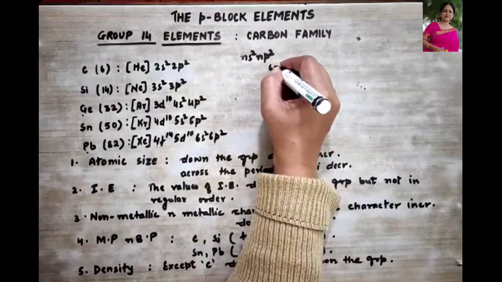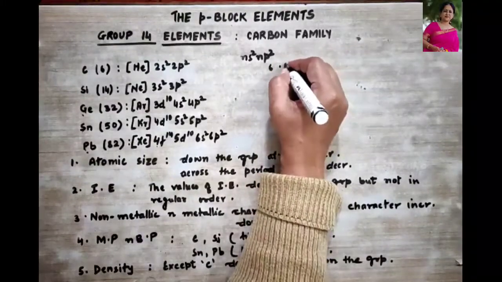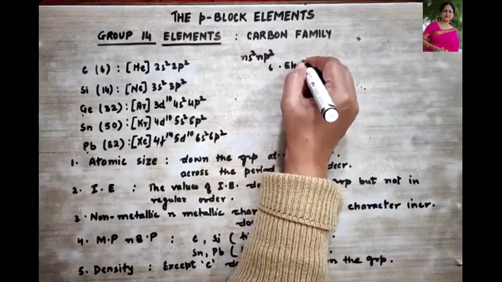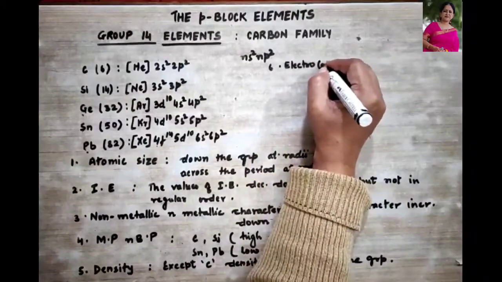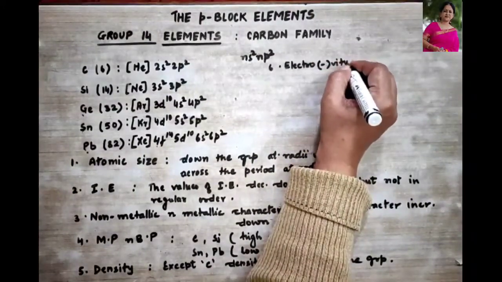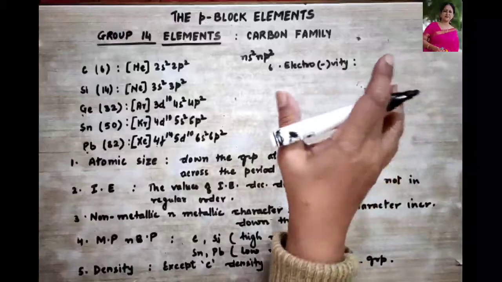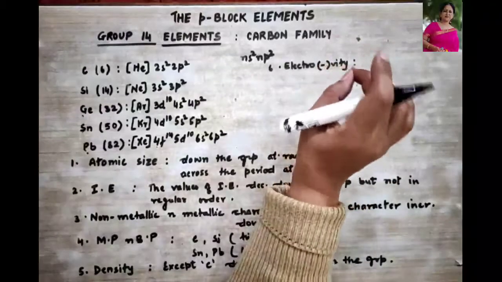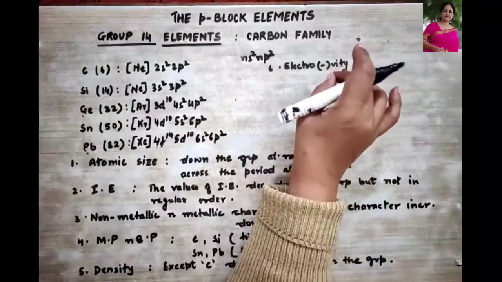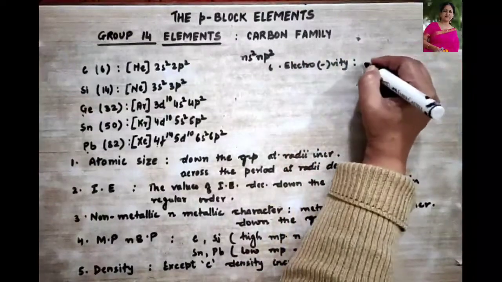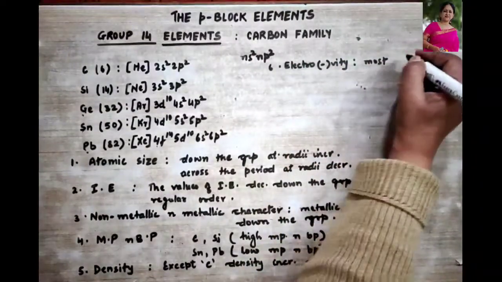Coming to the sixth point, we will talk about electronegativity now. So carbon is the most electronegative element of this particular group, right?